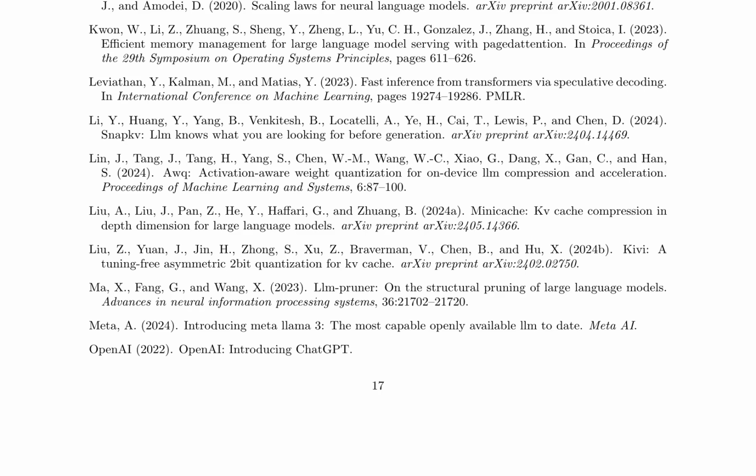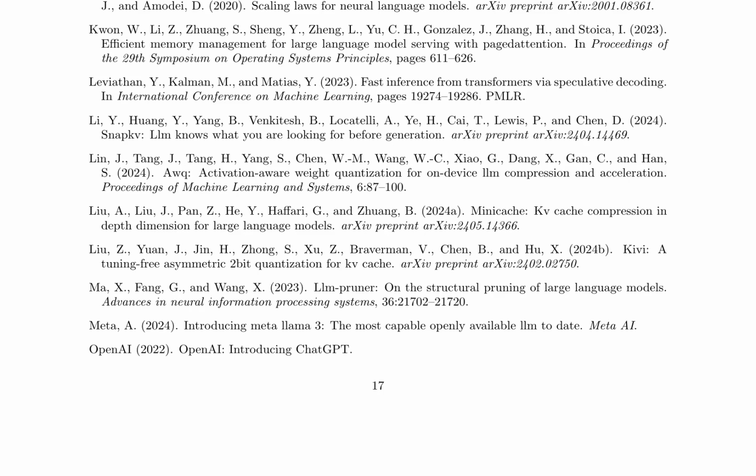Furthermore, the paper discusses the concept of LLM pruning, aiming to reduce the structural complexity of these models. It also mentions the introduction of LLaMA 3, the most capable openly available LLM to date, and GPT-4, which is a significant advancement in the field of LLMs.